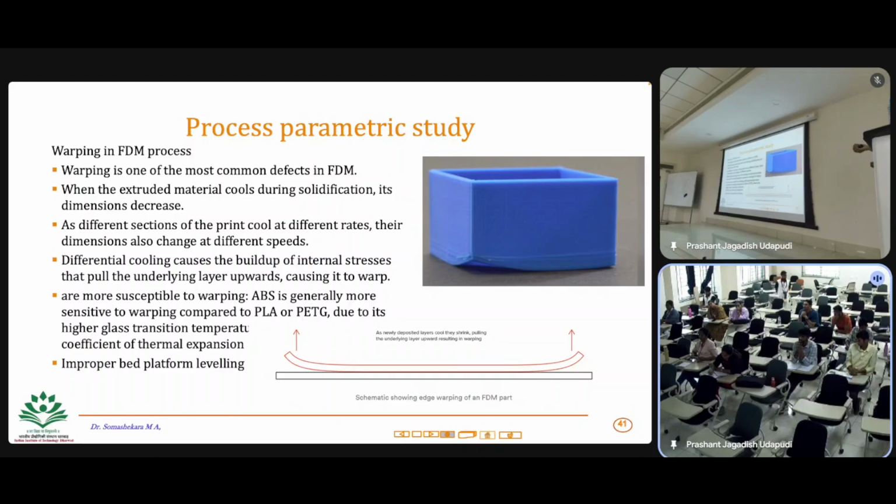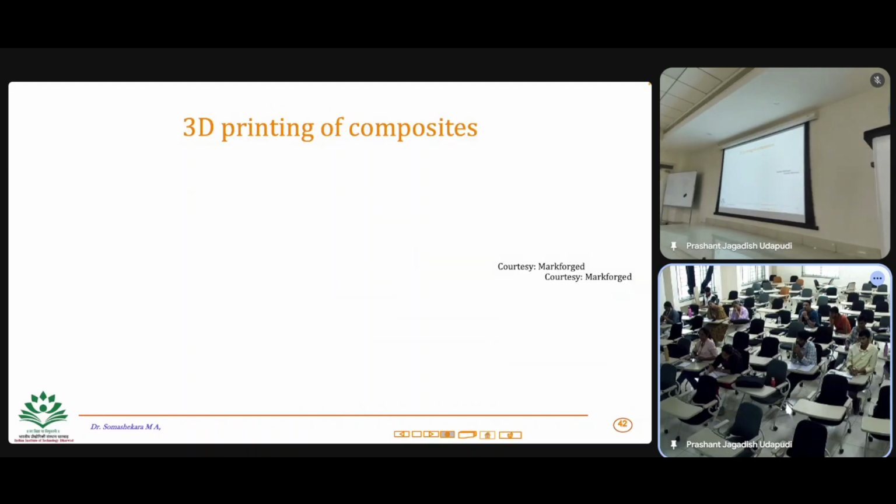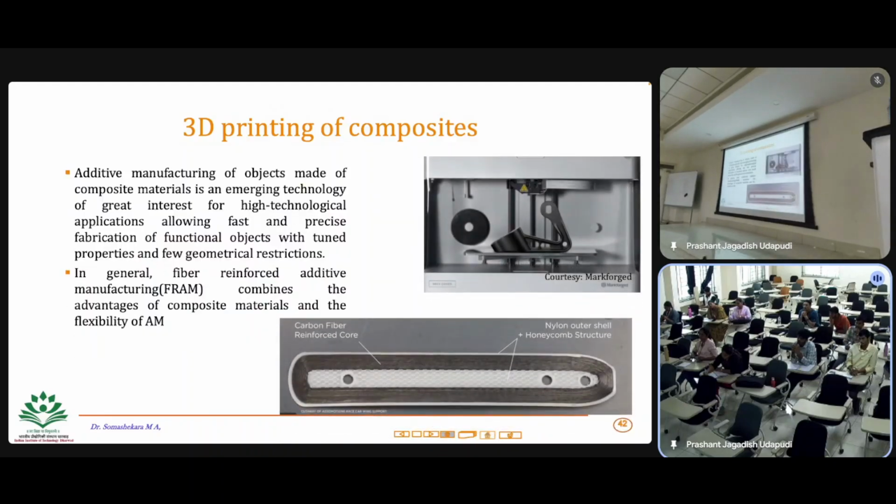And it is very common especially in ABS, because it is very sensitive compared to PLA and others. I think a lot of composite structures are being explored nowadays in 3D printing, especially when you want carbon fibers or a reinforced core, and a lot of people are using short fibers and long fibers for making the component.